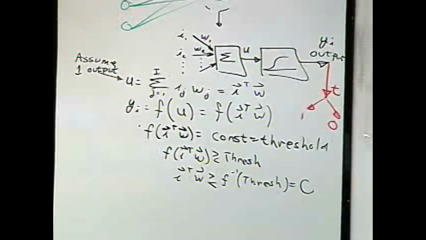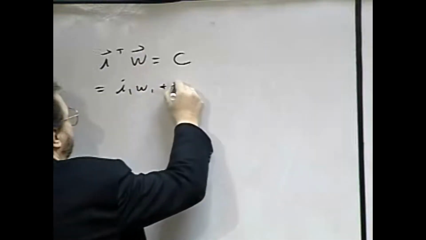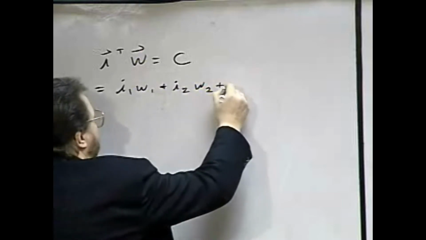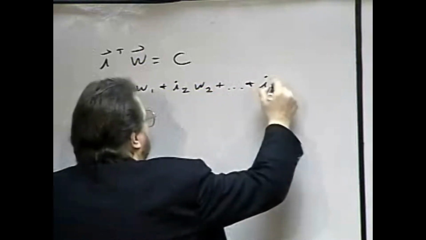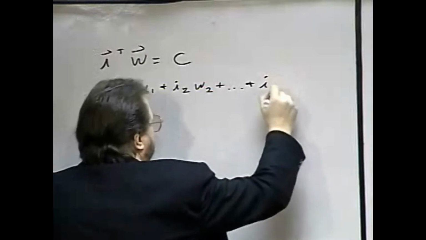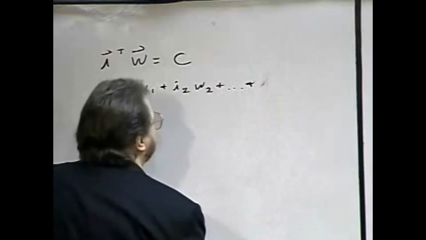If we look at I transpose W is equal to C, and above this constant is one class, and below the constant is another class, this is the same thing as saying I1 W1 plus I2 W2 plus whatever, is equal to a constant.